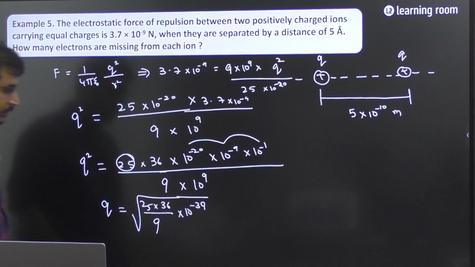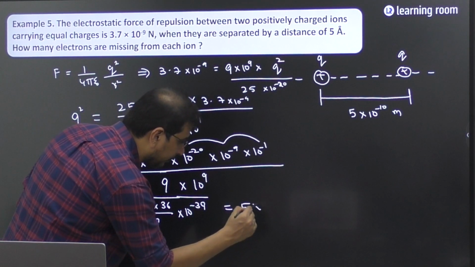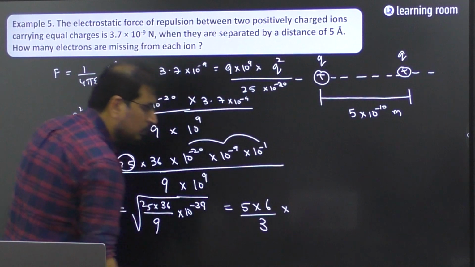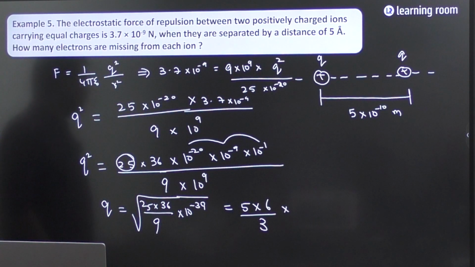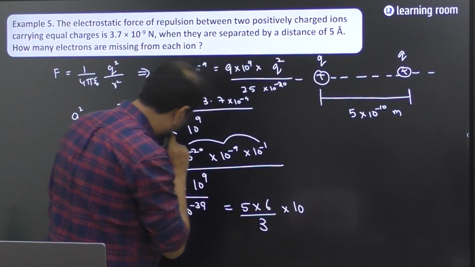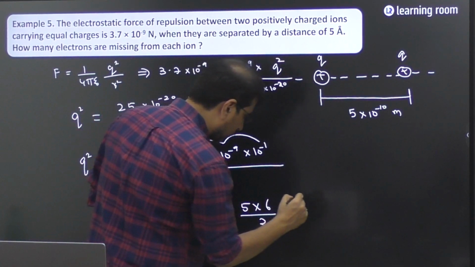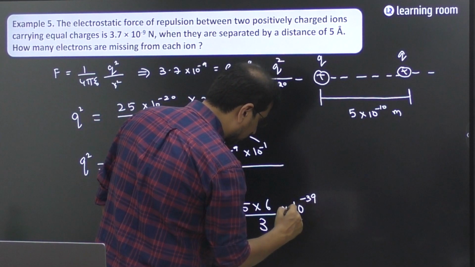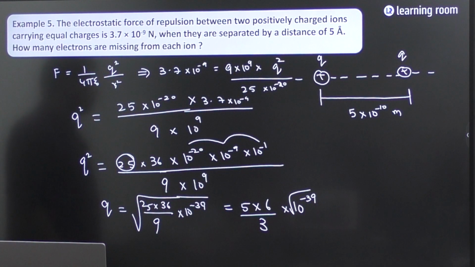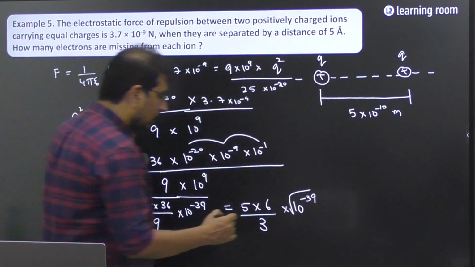So how much will you get? Square root of 25 is 5, square root of 36 is 6. This is 3 into 10 power. So if you go 10 power minus 39 by 2 is what you're doing. Okay.